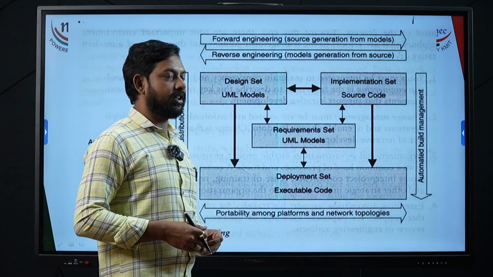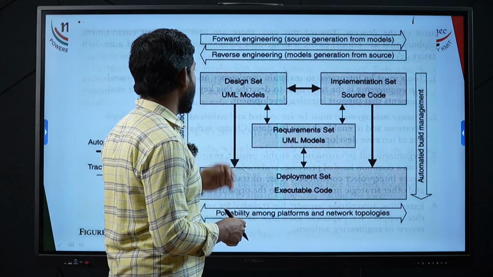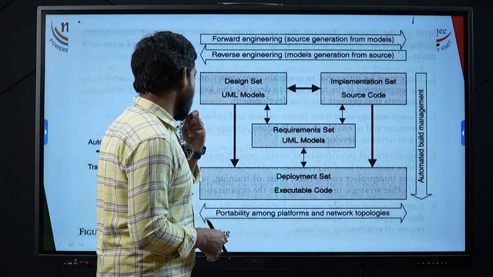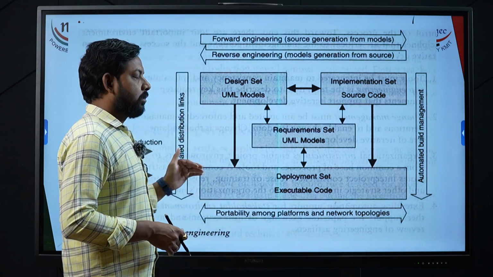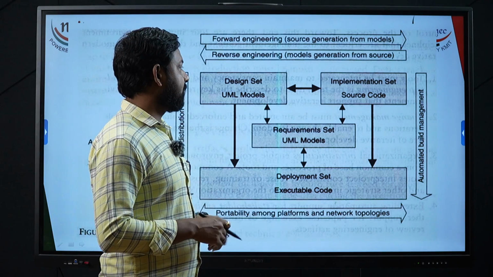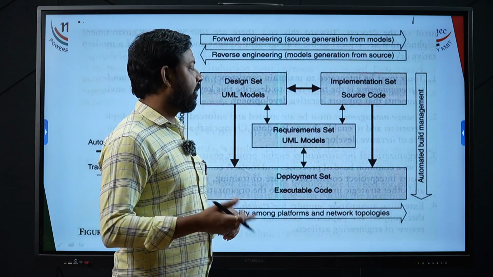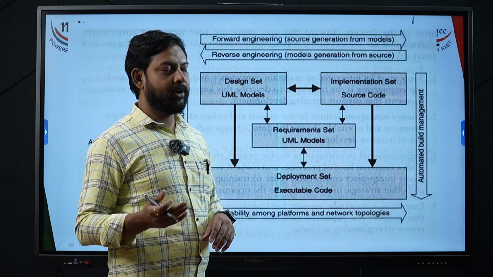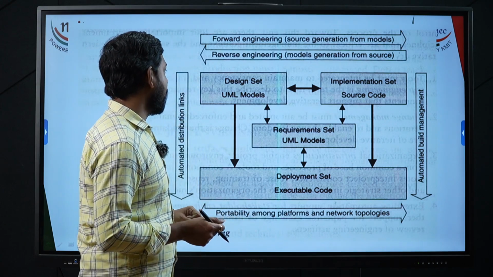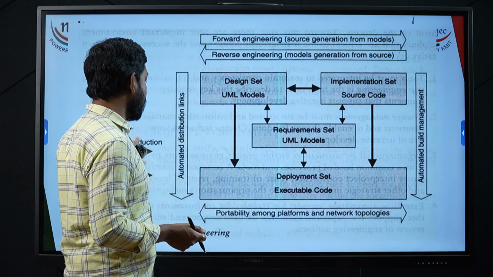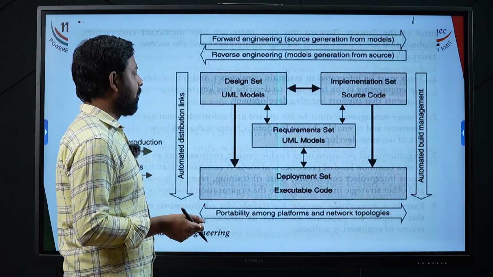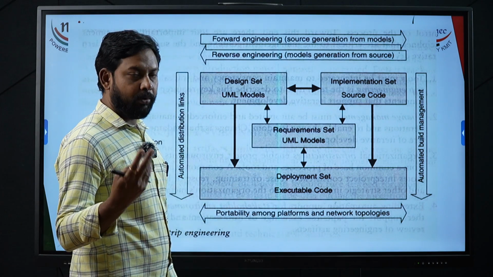Even though you are using the forward engineering or reverse engineering process, your round trip engineering is going to perform in this form. All the tools related to round trip engineering are supposed to be automated in order to enhance the flexibility of the different environments used in your program. So this is a sample round trip engineering model which can be used within your project development.